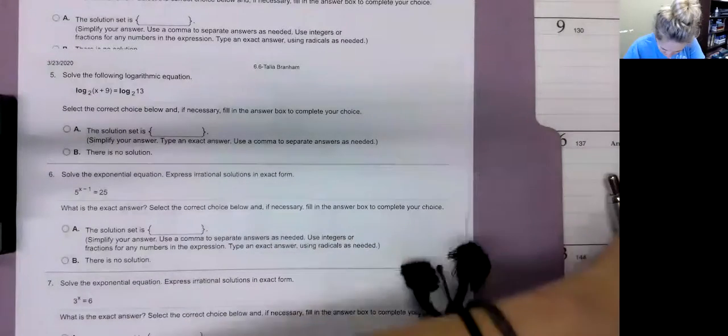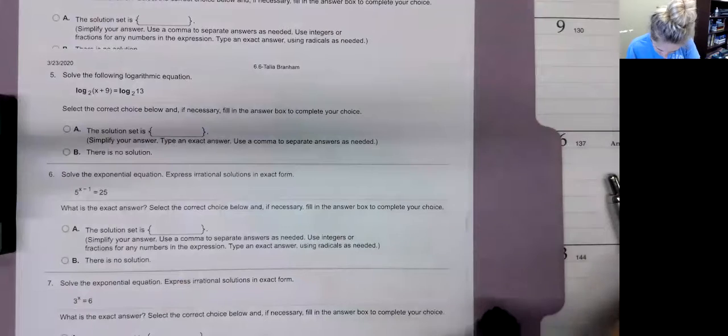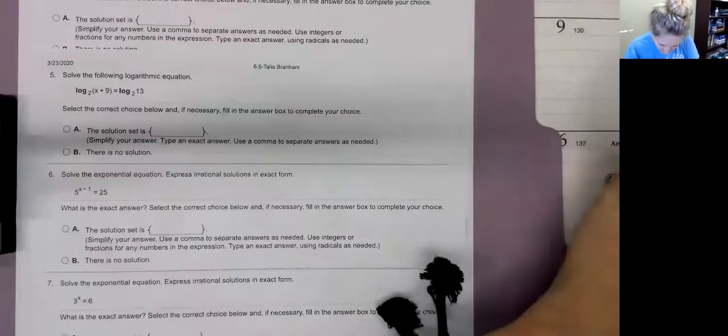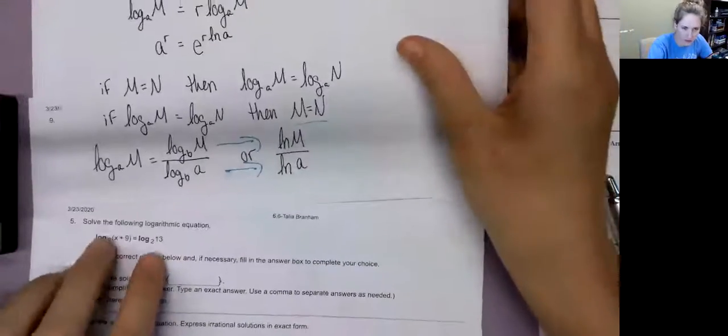Okay, on this one, the rule we are using is, did I not write this one down? I guess not. Let me get it real quick then. So since we have log with the same base on both of these, it's going to be this one right here.